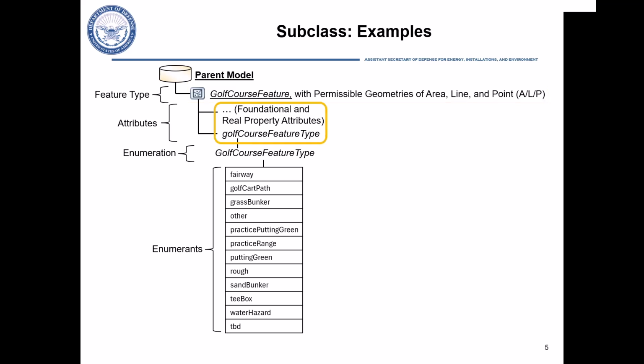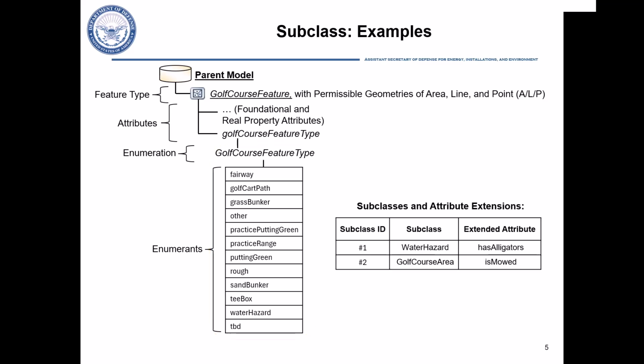In addition to its foundational and real property attributes, not shown here, golf course feature contains one attribute, golf course feature type. That attribute is constrained by the golf course feature type enumeration, with a set of enumerant values that describe each of the primary features that you would expect to see on a golf course. With that information in hand, we can specify our requirements for the example subclasses as shown in the extensions table.